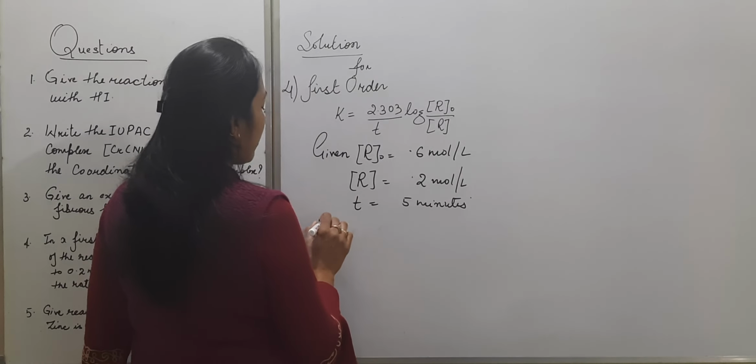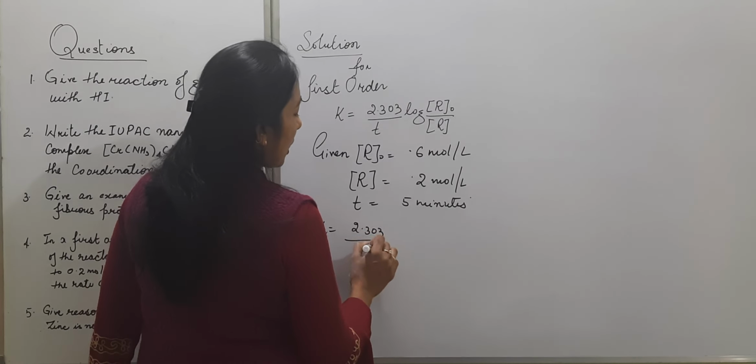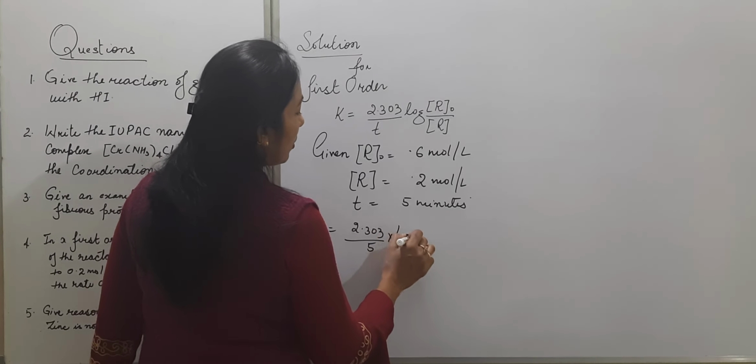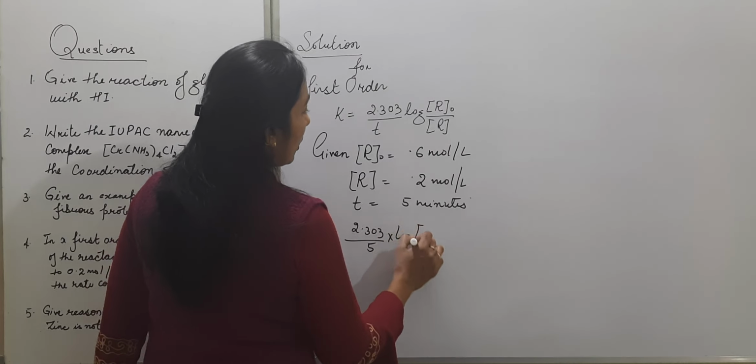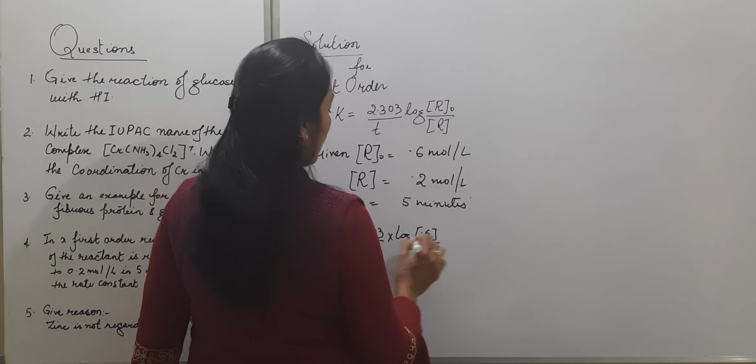So what you will get: rate constant equal to 2.303 by time, which is 5, times log, if we are taking log, of the initial concentration 0.6 divided by 0.2.